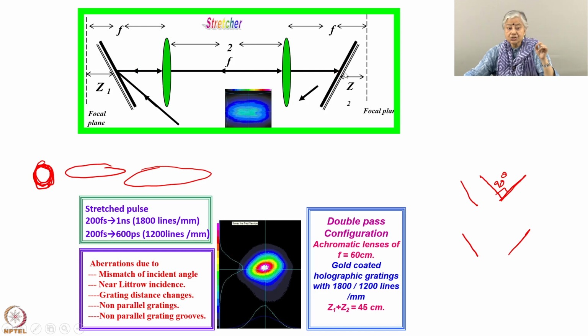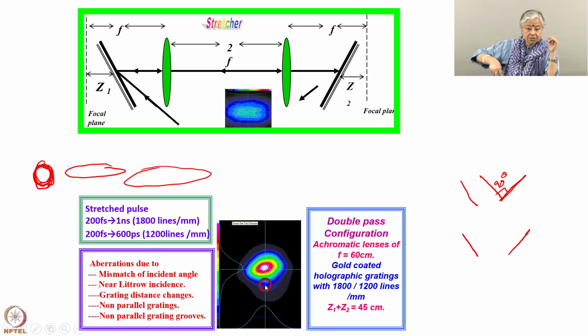So, the double pass not only gives me double the group velocity dispersion, which I am looking forward to, but it also gives me a spatial cross section which is to my desire. Okay. So, I need this spatial cross section.